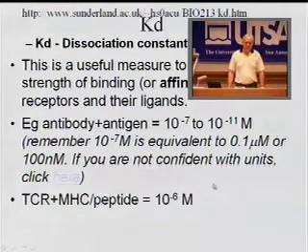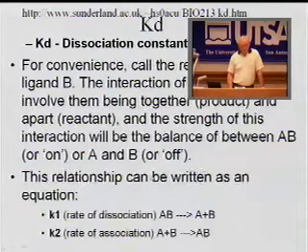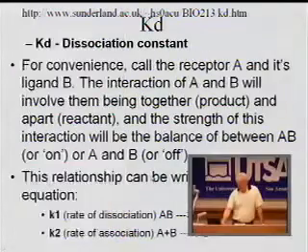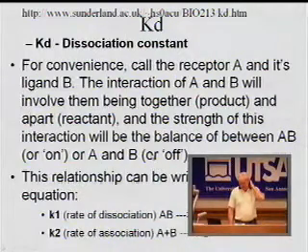So which has the higher affinity? The higher the KD, the lower the affinity. So 10 to the minus 6 is a higher concentration. It is 1 micromolar rather than the 0.1 micromolar for the antigen antibody. So the antigen antibody does have a higher affinity binding than does the T-cell receptor to the major histocompatibility.